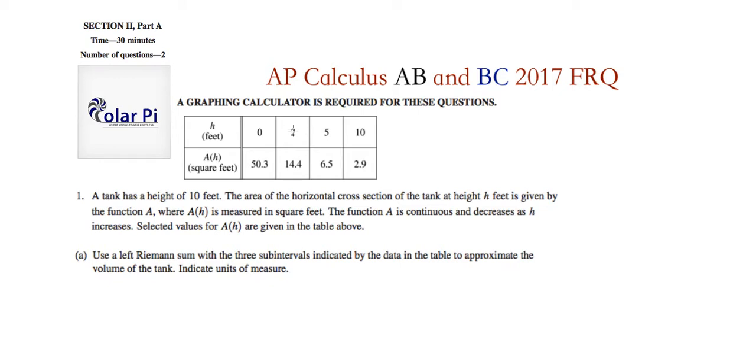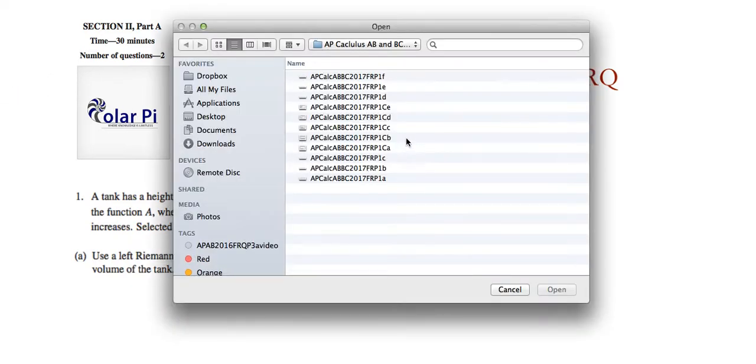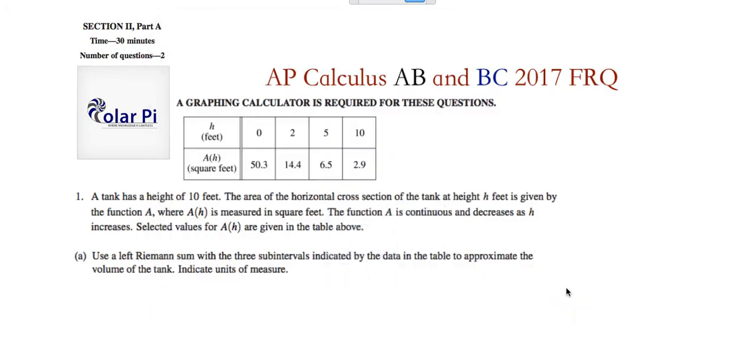But we use the value of A of H on the left end of the interval, this time at 2. So in addition to 2 times 50.3, we now have plus 3 times 14.4, and so on.